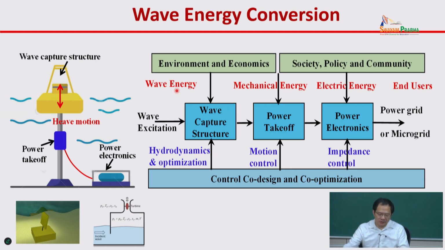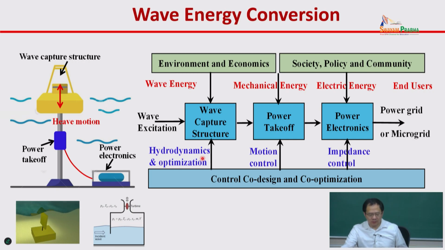This wave energy gets converted into mechanical energy through the buoy, the flap, or aerodynamics. Then the generator motion transmits that into electricity. Then you have power electronics to regulate the voltage and to control the impedance.